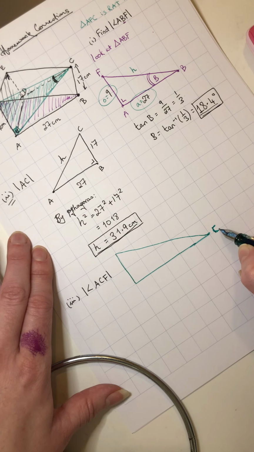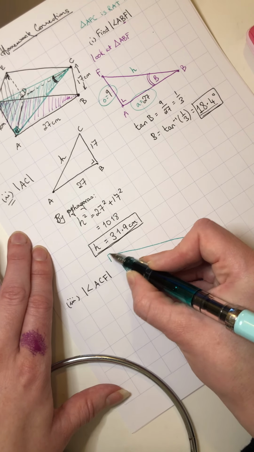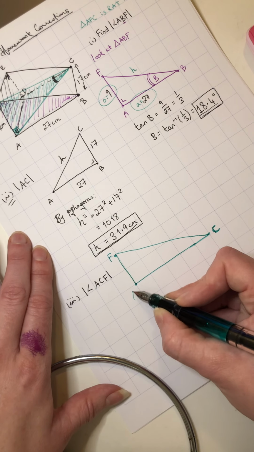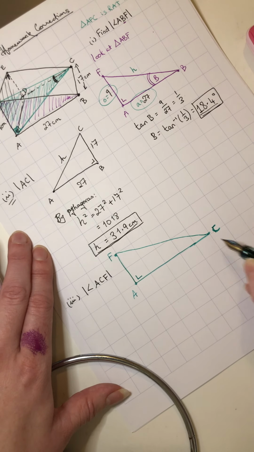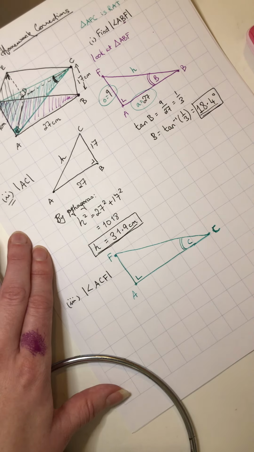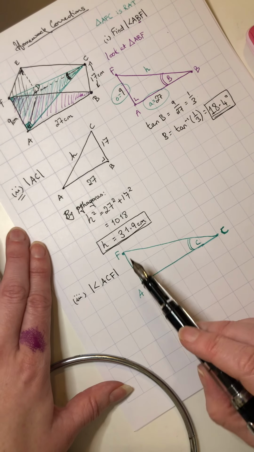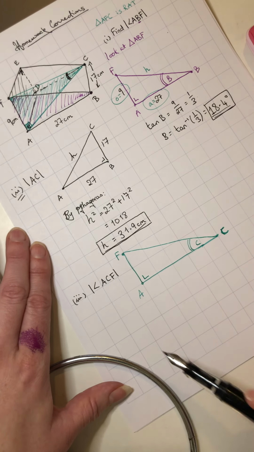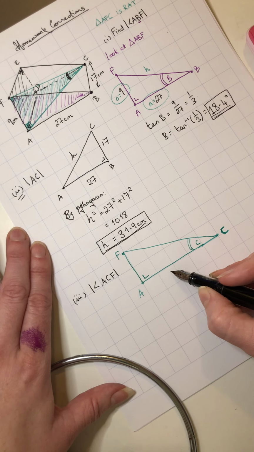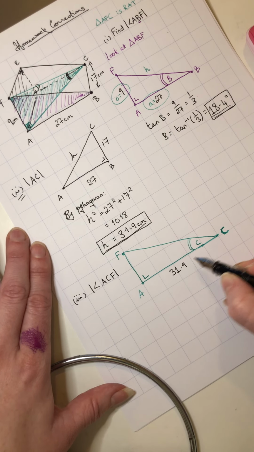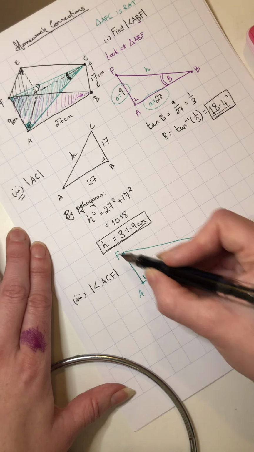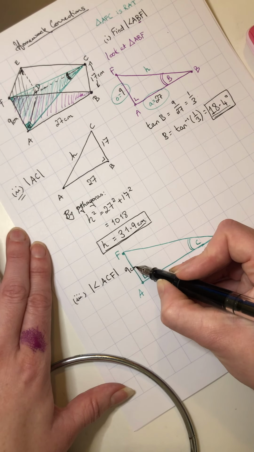C is down here, F is up here, A is here, there's my right angle, and we're trying to find that angle in there. We've just calculated AC. We did that as part of part 2, so we know that that's 31.9 centimetres. And AF we already know is 9 centimetres.